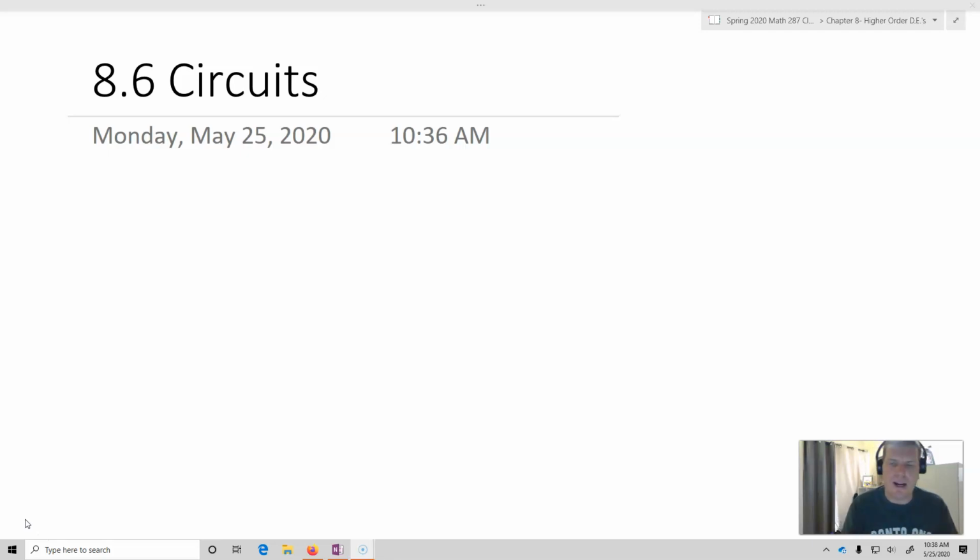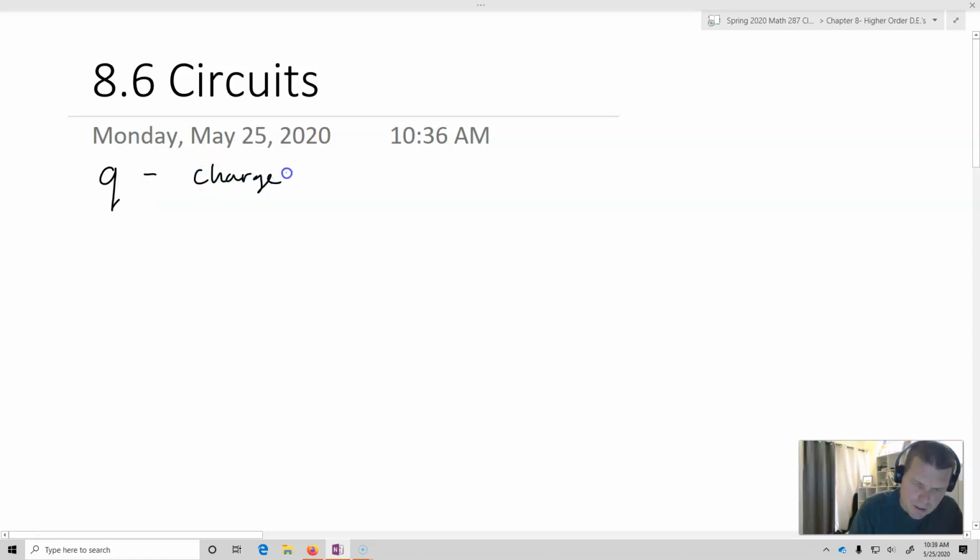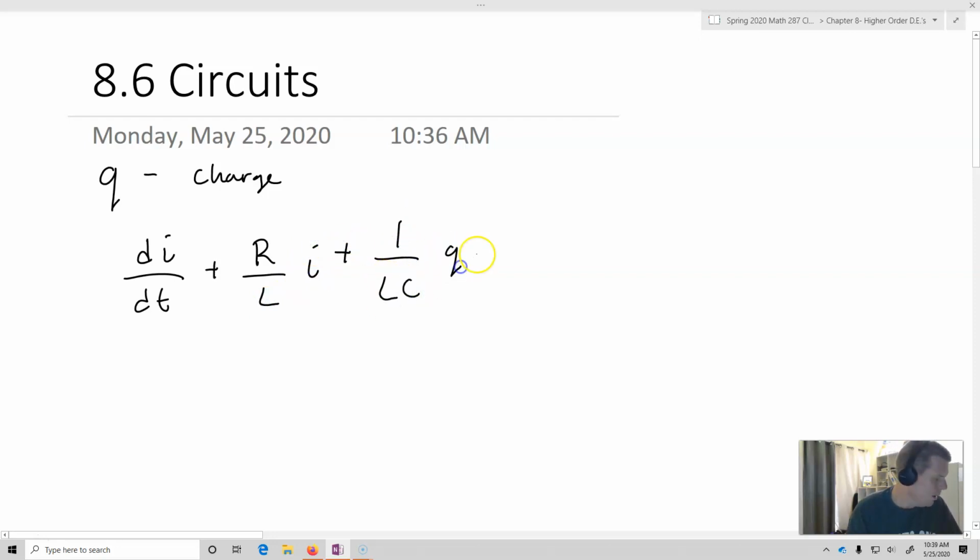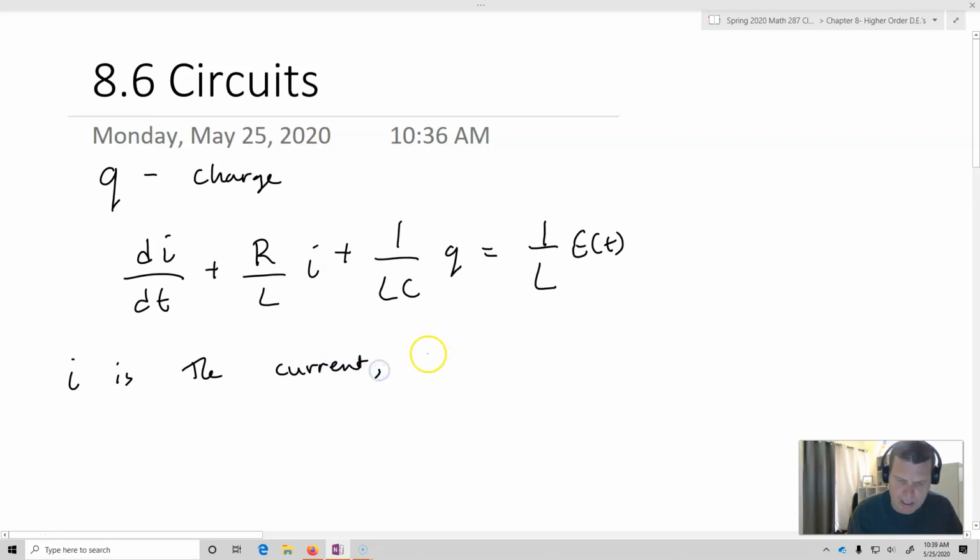So what I want you to remember is that the differential equation for a circuit whose charge is Q is going to be given by L di/dt plus R i plus 1 over C Q equals E of t, okay, where I is the current, right, which is I equals dQ/dt, pardon me.